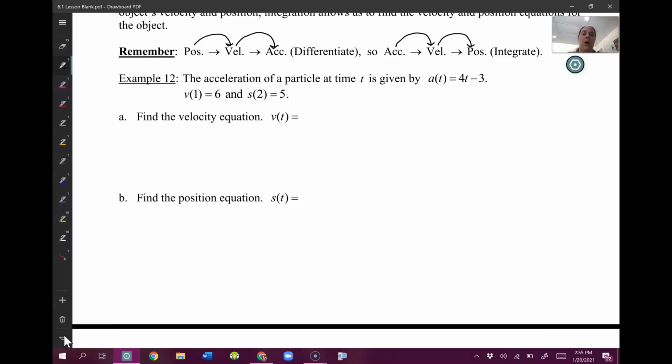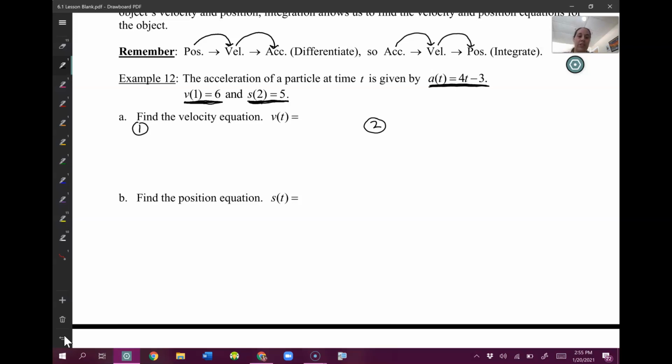So let's talk about this. Here we have an acceleration equation. Also note, I have initial conditions. So that means this is going to be a two-step problem like we talked about in the last video.